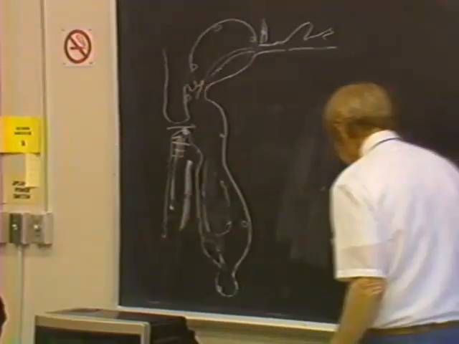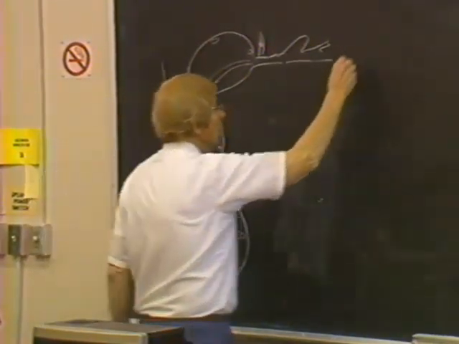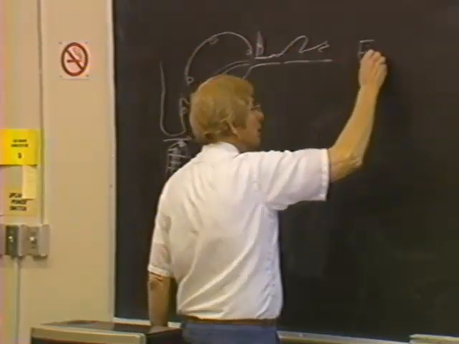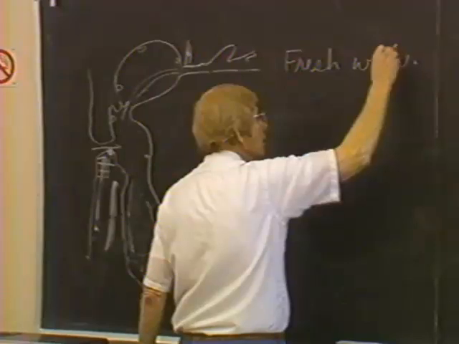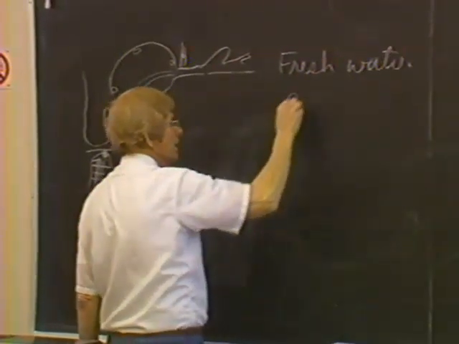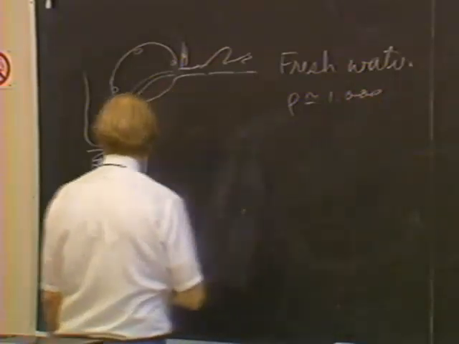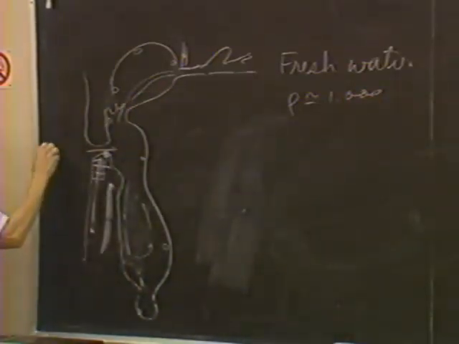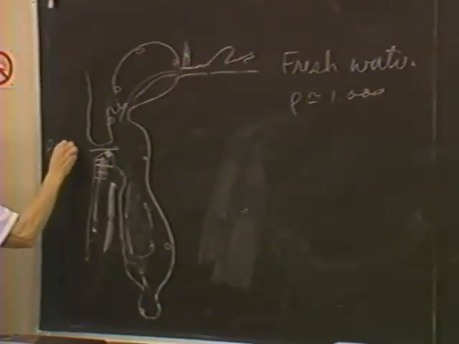The hydraulics of an estuary is complicated by the fact that we typically have freshwater inflow here, which has a density of approximately 1.000, and seawater out here, which has a density of something like 1.025.